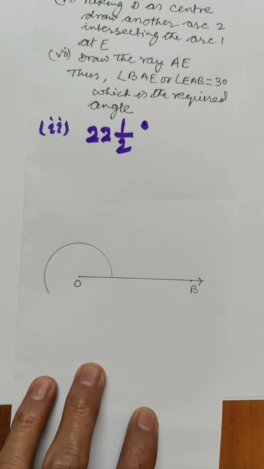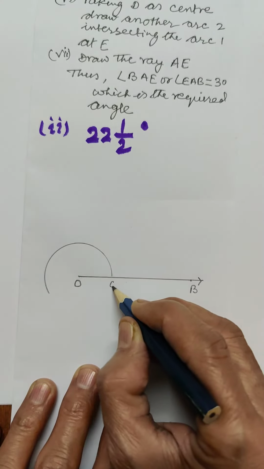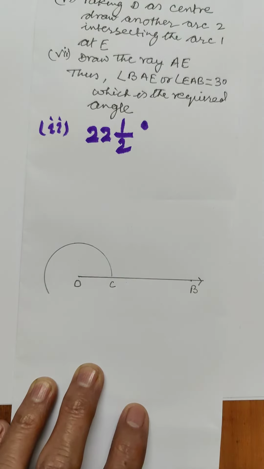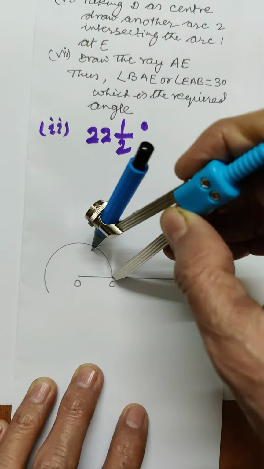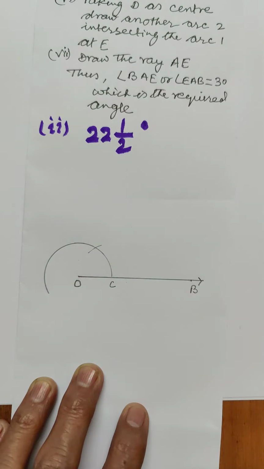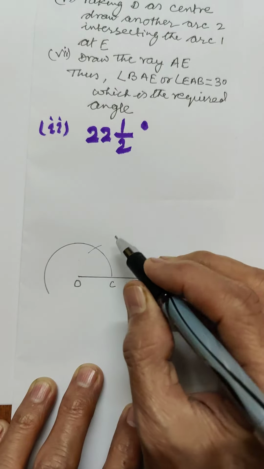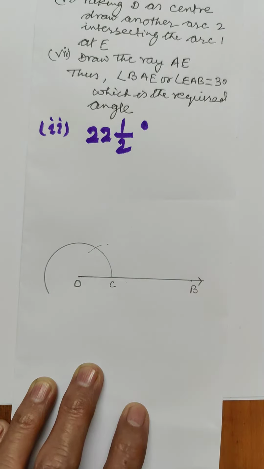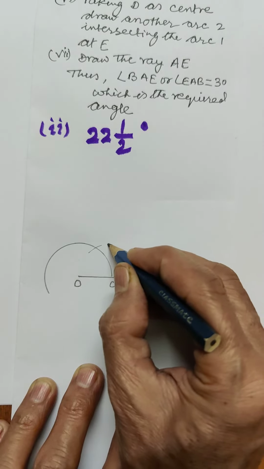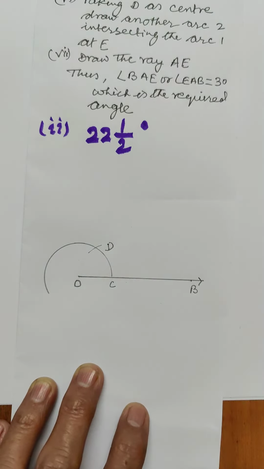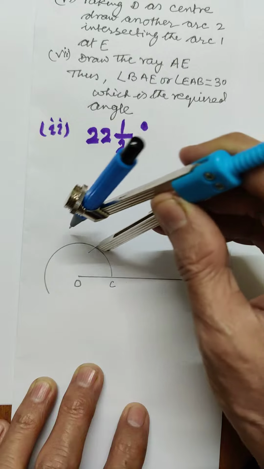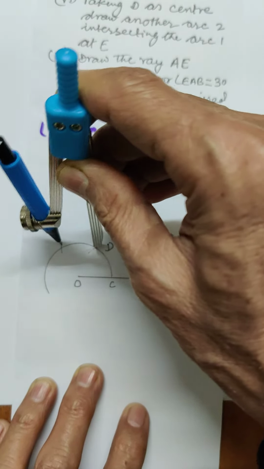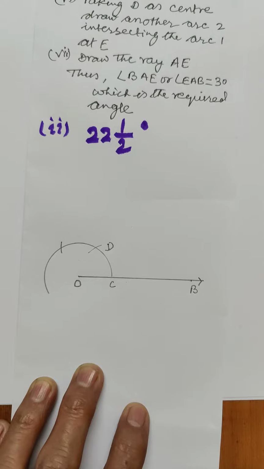Suppose the arc intersects OB at C. With C as a center and the same radius, we draw an arc, say it intersects the previous arc at D. And with D as a center, with the same radius, we draw another arc, say which intersects the first arc at E.